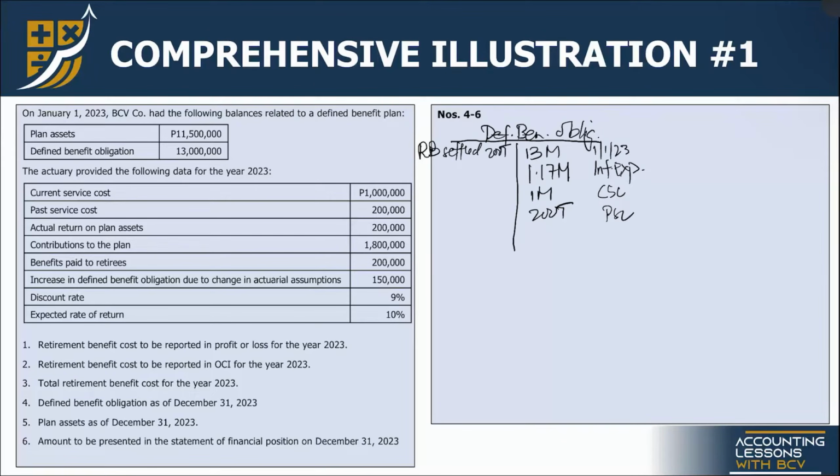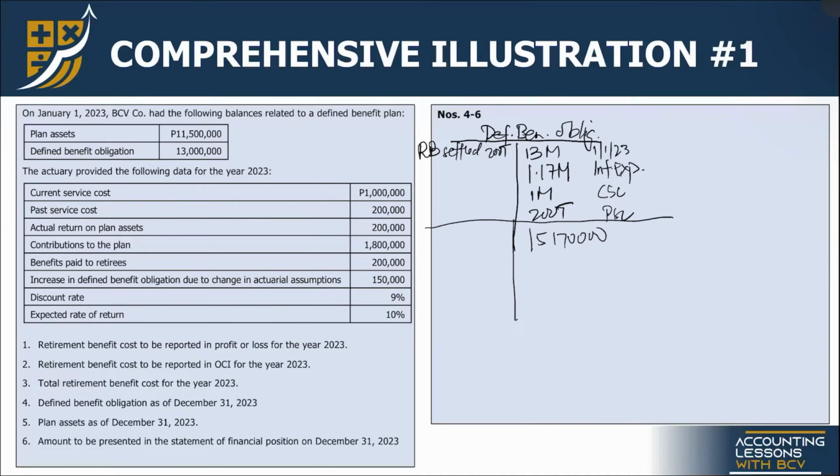Okay? Yan. Compute for the unadjusted balance. How much is the unadjusted balance? 15,170,000. So that is still before any actuarial gains or losses.